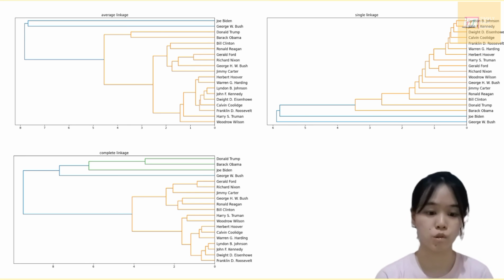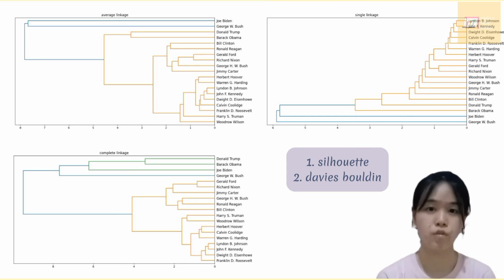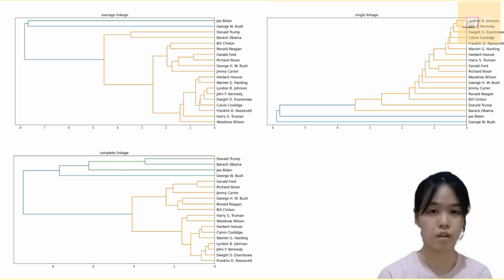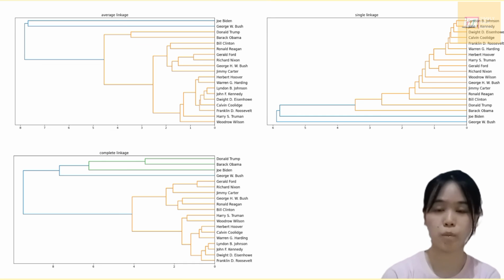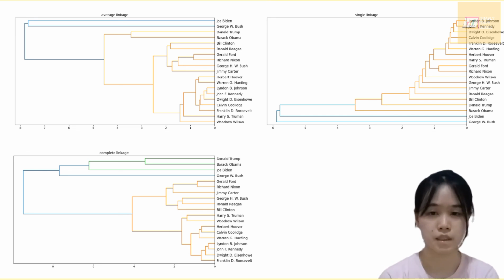But of course there are some attempts to quantify the quality of these clusters. Some of them are silhouette and Davies-Bouldin. But maybe I'm going to discuss that in another video. Okay, so in this video, we've learned the algorithm of agglomerative clustering and then applied it to a dataset with unequal length of time series.